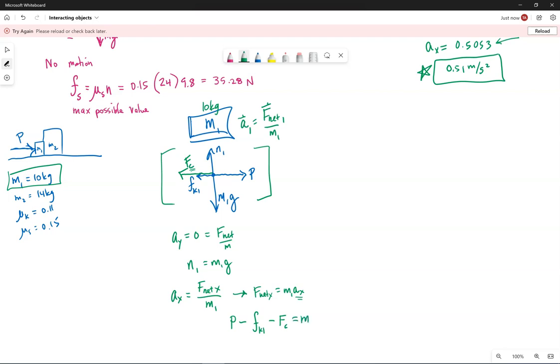That needs to equal the mass of this specific box times its acceleration in the x direction. So we said the push was 38 newtons. We have calculated this acceleration. And again, I'm using a couple extra digits just to minimize rounding error.